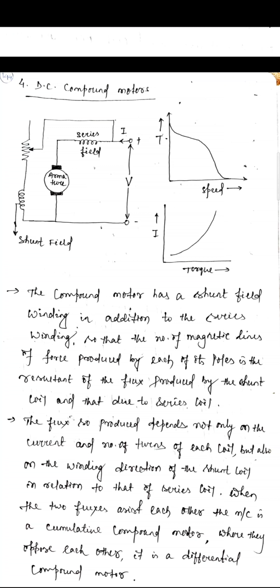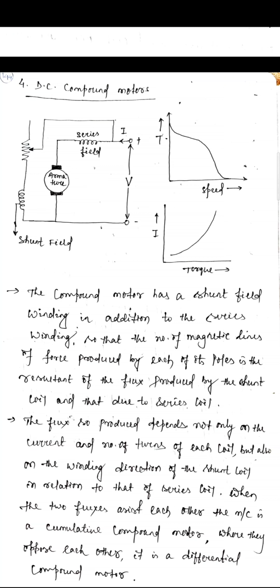The flux so produced depends not only on the current and the number of turns of each coil, but also on the winding direction of the shunt coil in addition to that of the series coil.